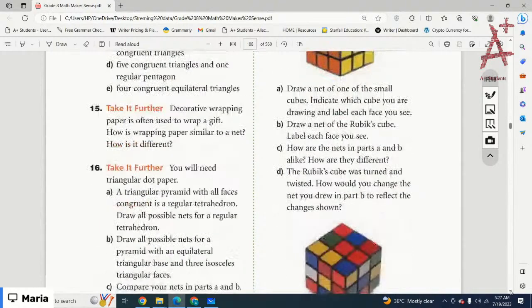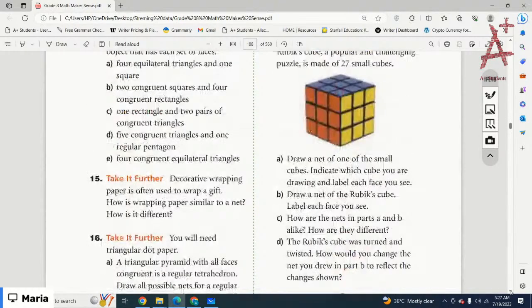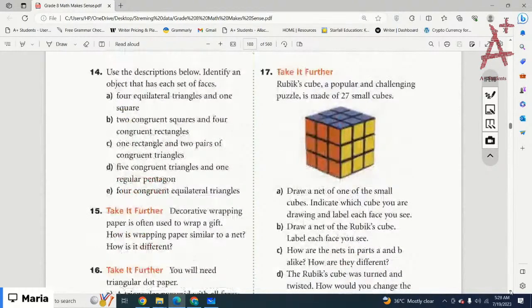Okay, let's see 17. A Rubik's Cube, a popular and challenging puzzle, is made of 27 small cubes. A: draw a net of one of the small cubes. Indicate which cube you are drawing and label your faces.